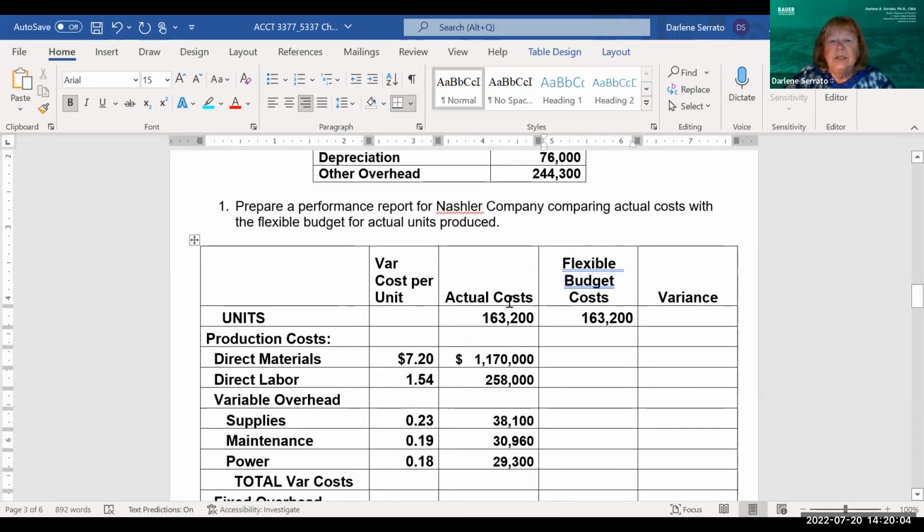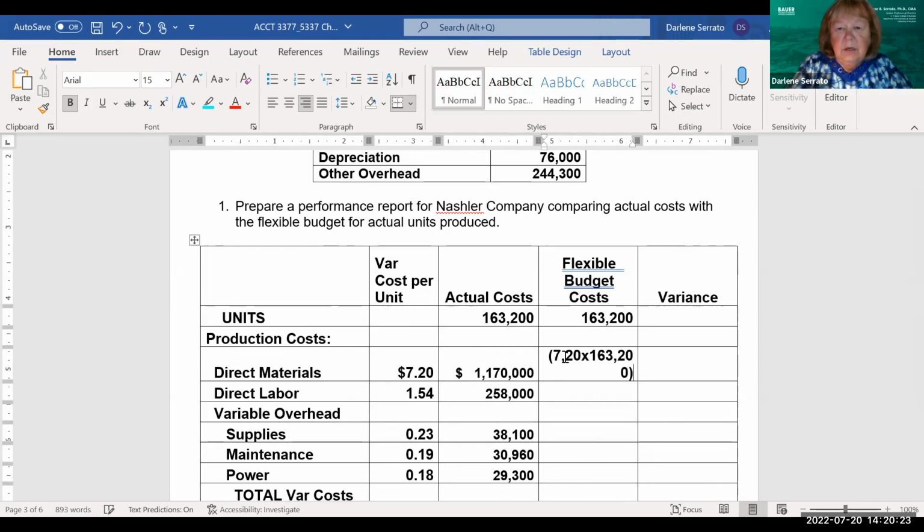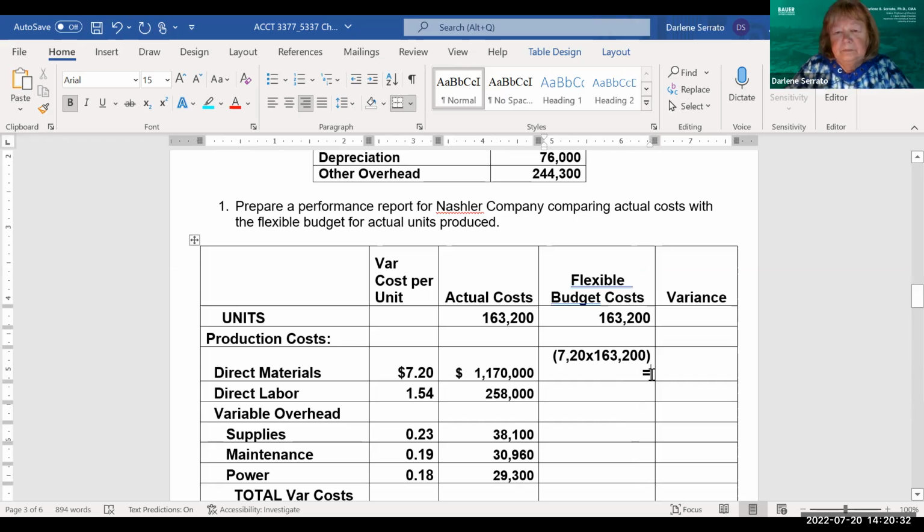So now I want to do $7.20 times 163,200 and that is going to give me 1,175,040.